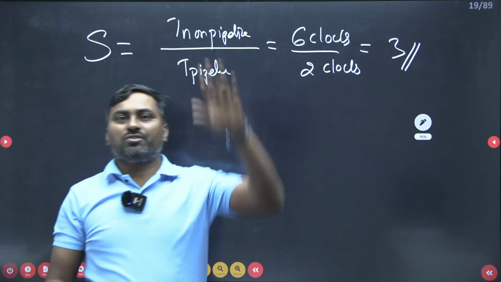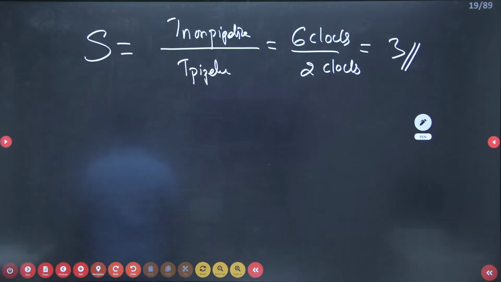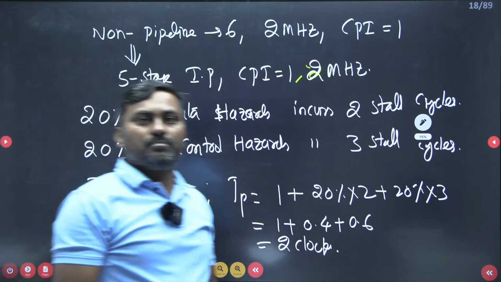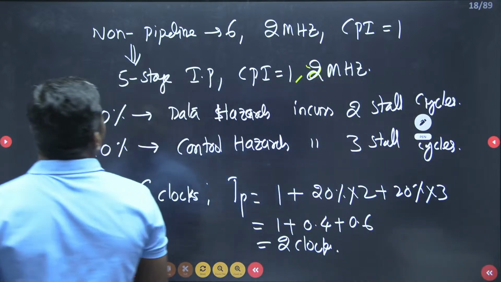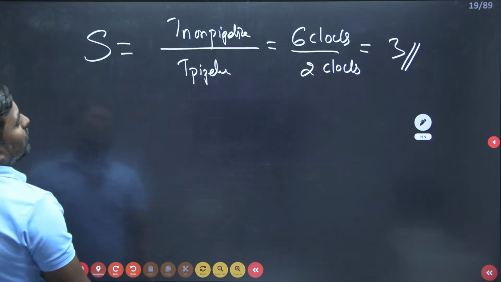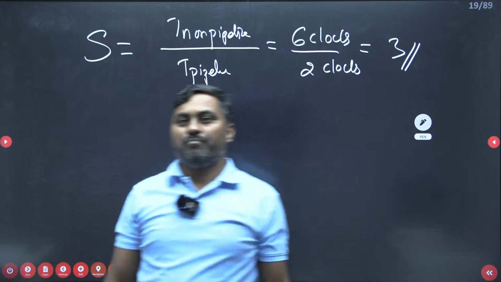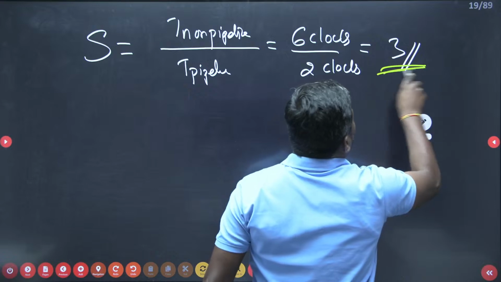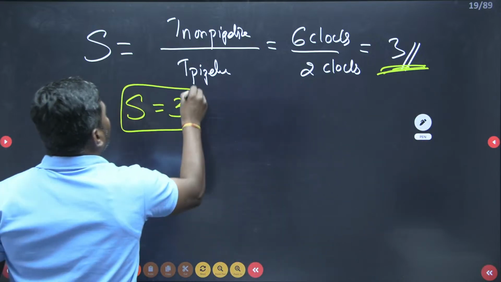How many people marked 3 for this question? Yes ma'am, this is directly from the classroom. Whatever we discuss from the classroom, they ask straight away as a question. So the speedup factor is 3.